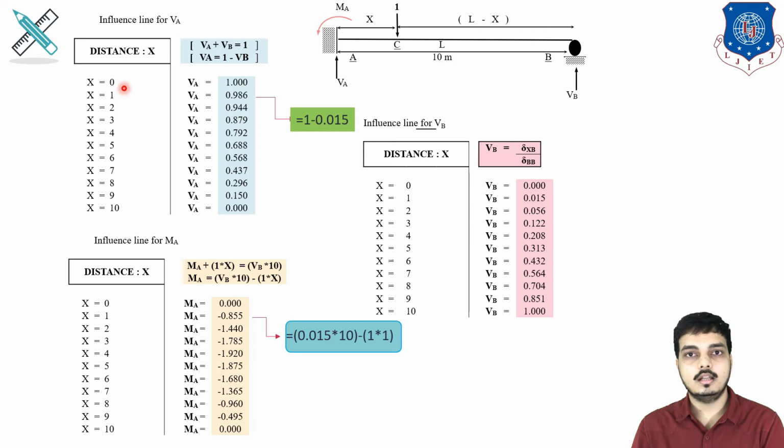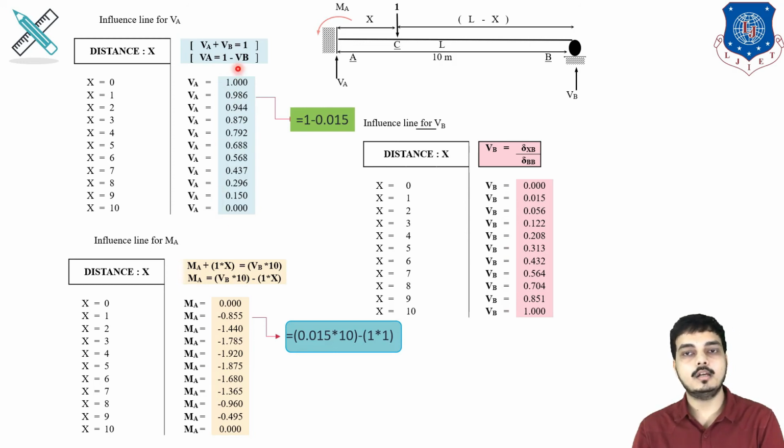Now, X from 0 to 10. So VA is nothing but 1 minus VB. For the first one, VA equals to 1 minus VB of X equals to 0, which is 0. So 1 minus 0 is 1. Then 1 minus 0.015 is 0.986. Each value we have to deduct from 1, so we will get the values of VA.